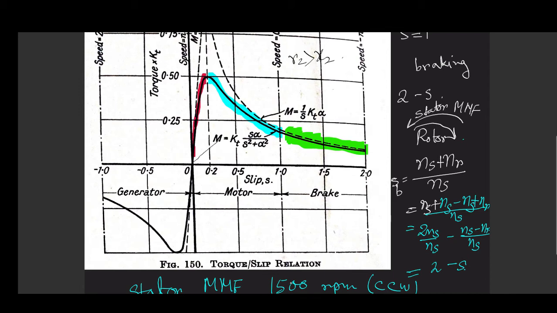We will get a curve like this. So our maximum torque occurs beneath our motoring region. If you see the curve that I have drawn, clearly the maximum torque is not in our motoring region.